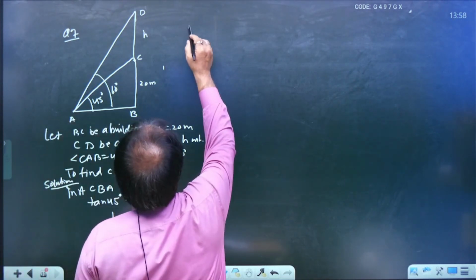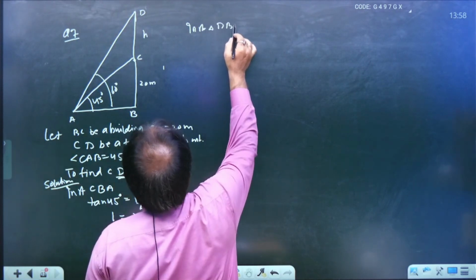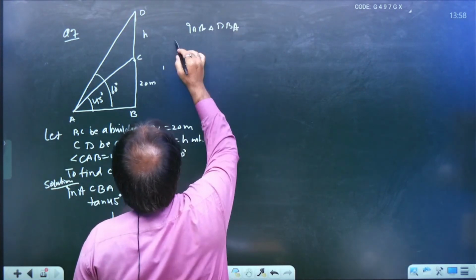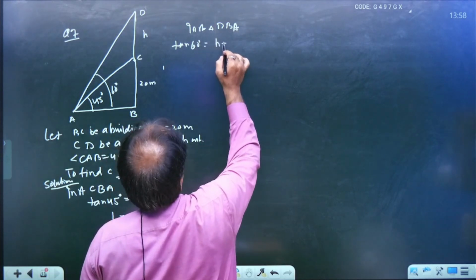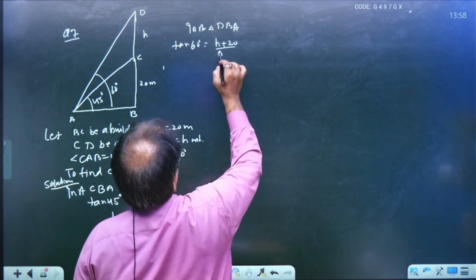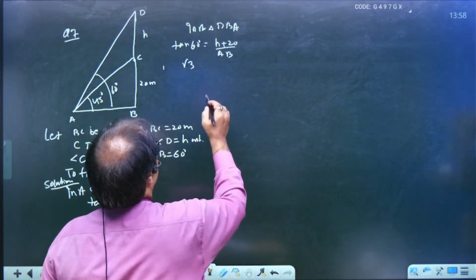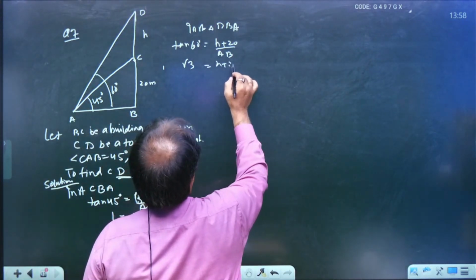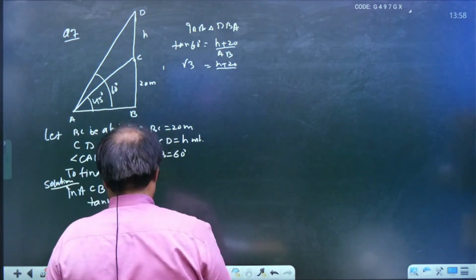And now in right triangle DBA, tangent 60 degree is equal to perpendicular H plus 20 upon AB, and tan 60 is root 3, equal to H plus 20 upon AB, and the value of AB we have already calculated.